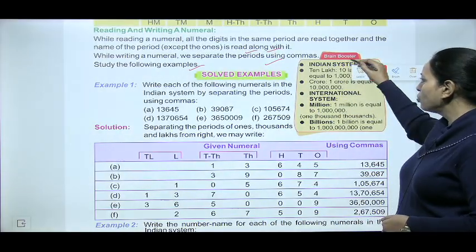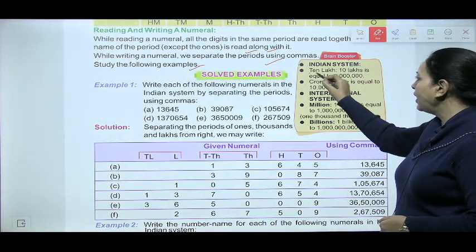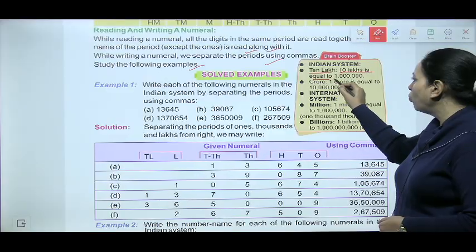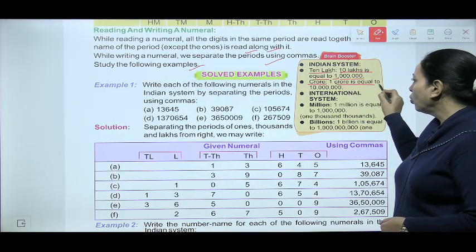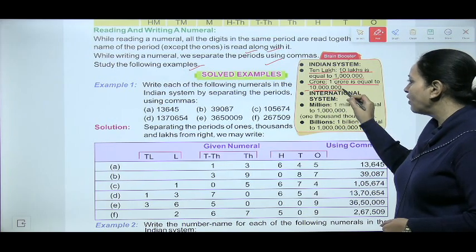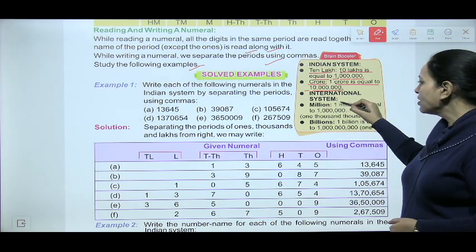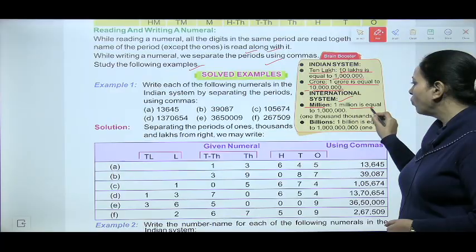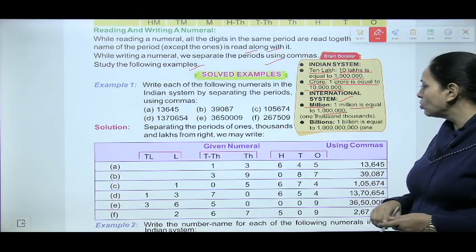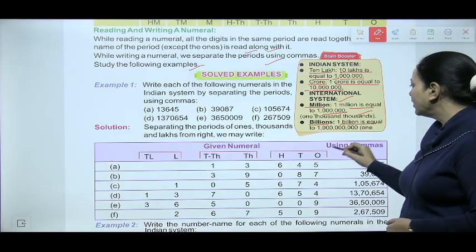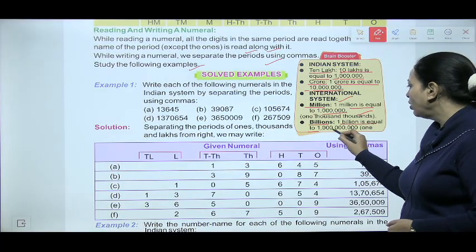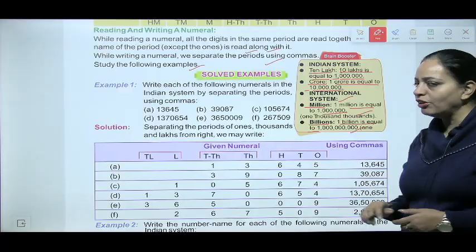So here brain booster, Indian system: 10 lakh is equal to 1 and 6 zeros. 1 crore is equal to 1 and 7 zeros. International system: 1 million is equal to 1 and 6 zeros, 1,000 thousand. And 1 billion is equal to 1 and 9 zeros.